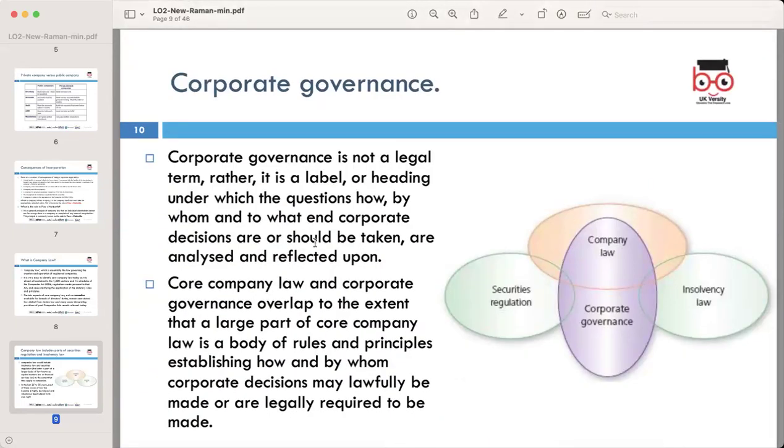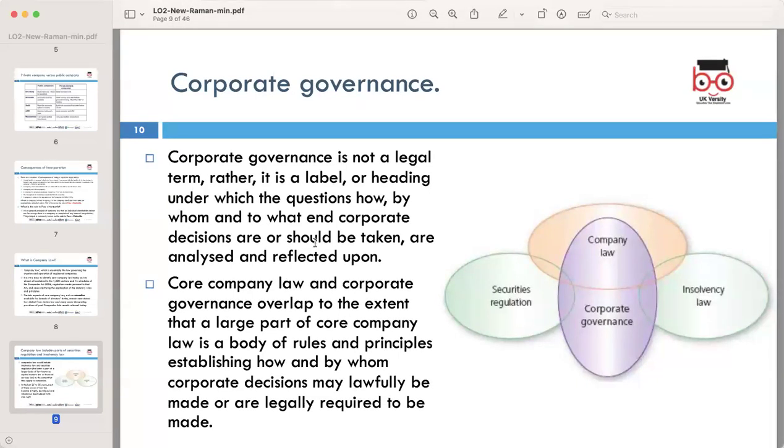Here he's talking about corporate governance, which, while not a strictly legal term, serves as a framework under which questions regarding how, by whom, and to what end corporate decisions are made are analyzed and reflected upon. So the term encompasses the principles and practices guiding the decision making process within a company.